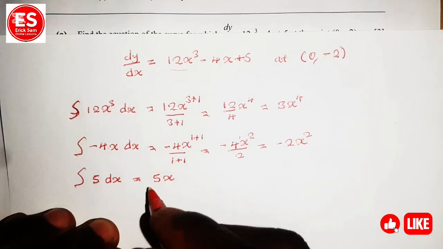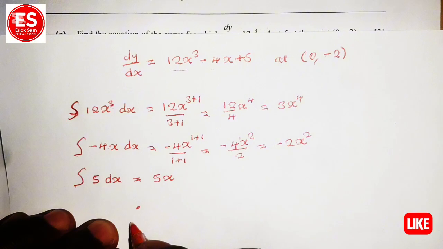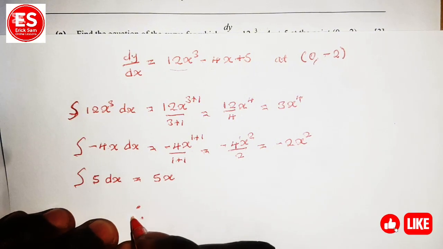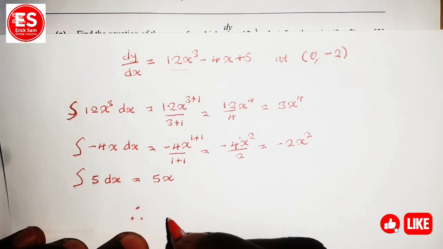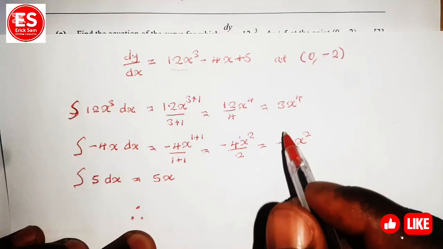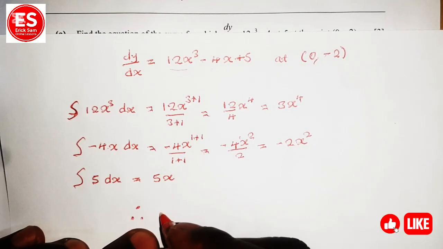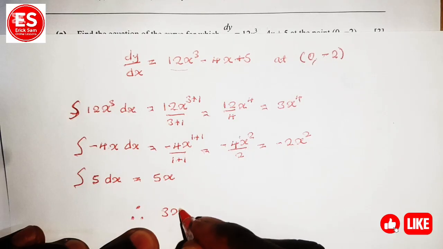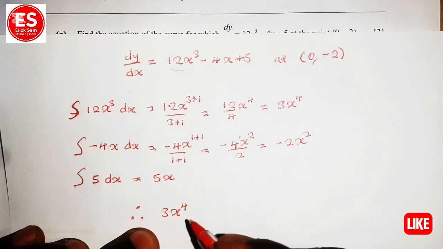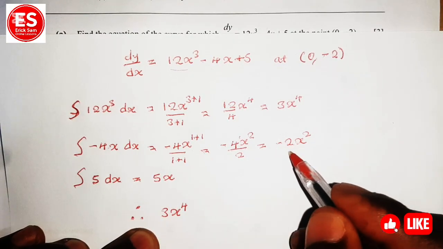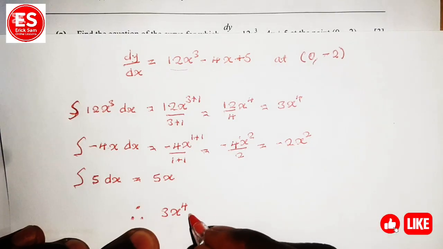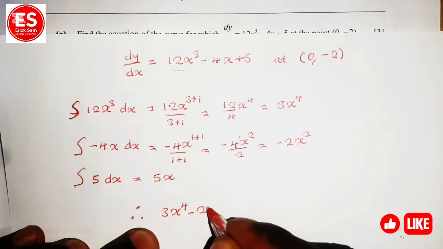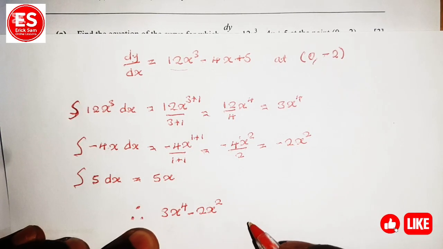Now that we've found that, we are going to combine all of these, starting with the first part. The first part is positive, so it is 3x^4. What is the sign of the second part? Negative. So we connect it: -2x^2.